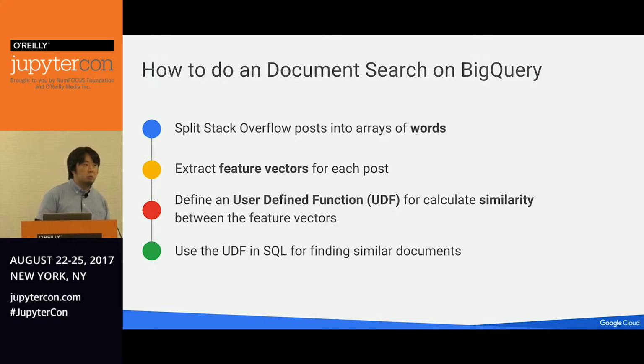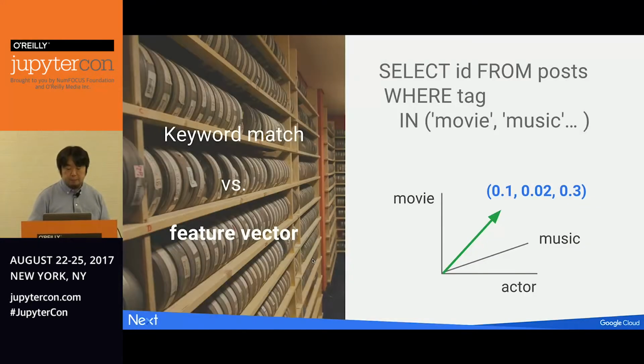So that allows you to do very simple pre-processing or small calculations within the SQL. So in this case, I've used UDF to do a similarity calculation between 2 feature vectors. And then you can use the user-defined function in any SQL you'll be running on BigQuery.